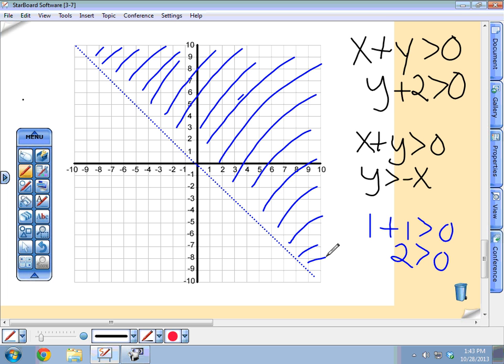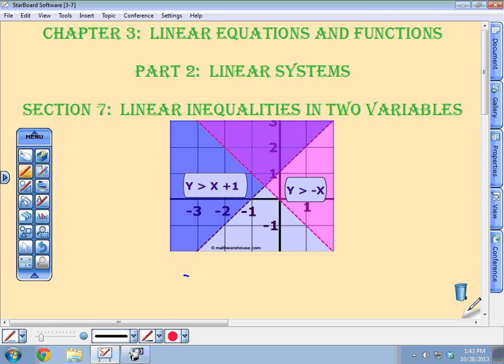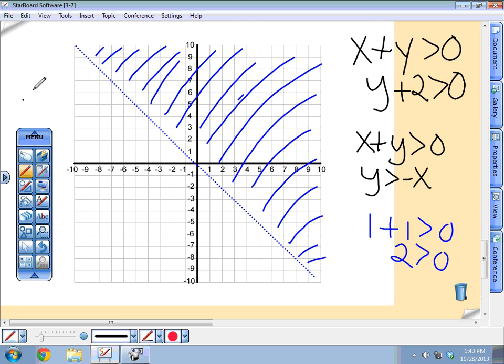Now I want to look at y plus 2 is greater than 0. What am I going to do with this, Michael Moody? Y is greater than negative 2.